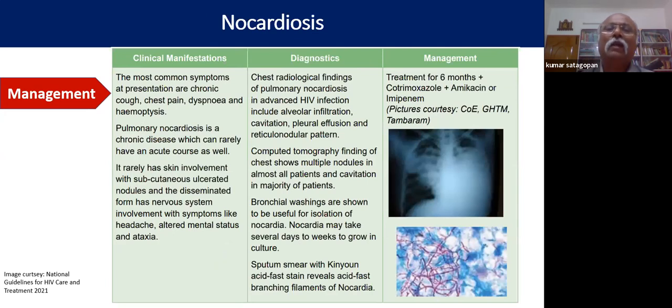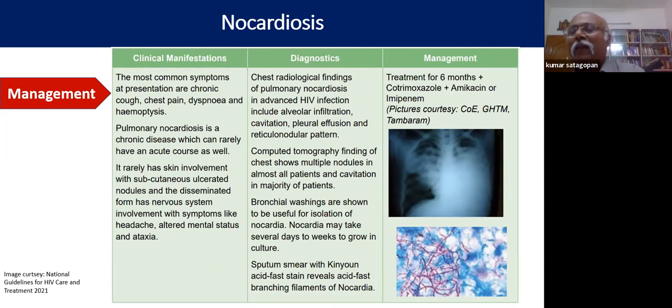Next slide. So what are the other things? Nocardia, very notorious. Nocardia is a branched filamentous organism. We have seen it before the ART era; we presented 7 cases in history, and our study was published in a journal, Nocardia in the HIV setting. The most common presentation is chronic cough, chest pain, with more pleuropulmonary involvement.